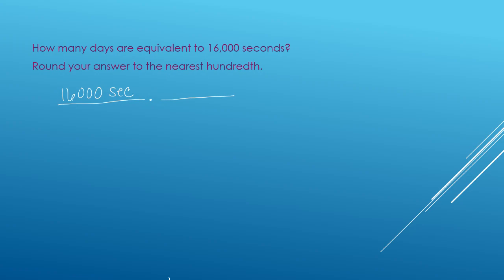For example, I know that there are 60 seconds in 1 minute. So I'm going to multiply 16,000 seconds by 1 minute over 60 seconds. I also know that there are 60 minutes in 1 hour.